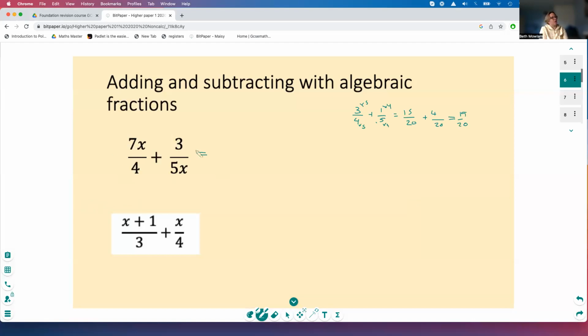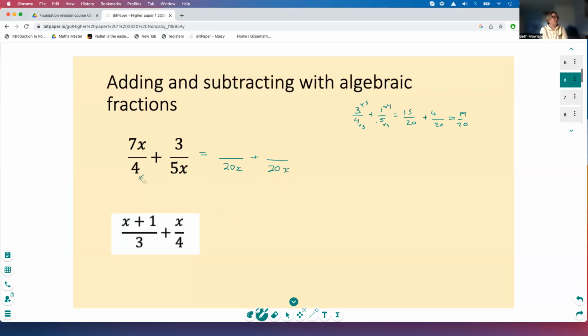So if we were going to look at this first one, we've got to make a common denominator. Now, 4 and 5x, completely different numbers, and one of them's got an x on it. So in this case we're going to multiply them together, because there is no simpler way of getting a common denominator.